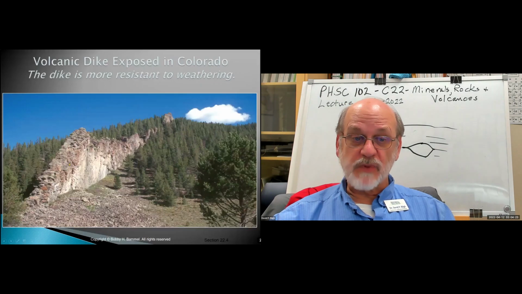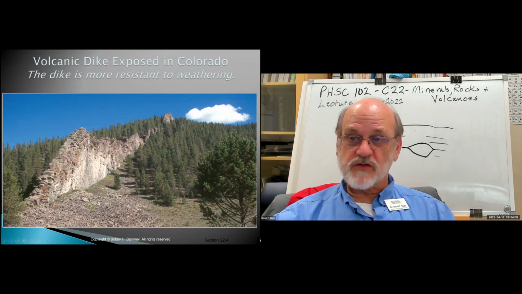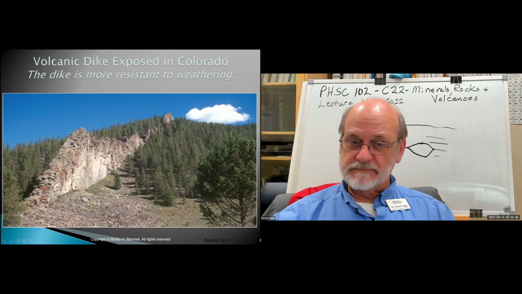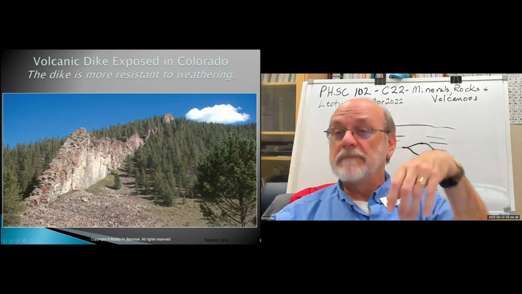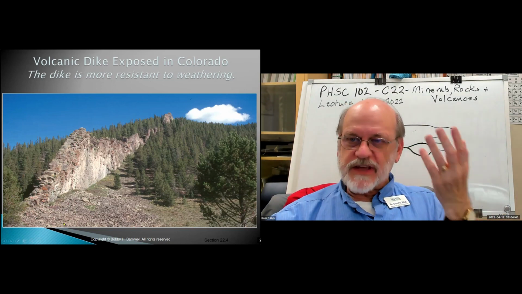Here's a dike that was exposed in Colorado. The dike tends to be more resistant to weathering than the surrounding rock. My guess is the surrounding rock was probably sedimentary, and the dike was pushed up into the sedimentary.